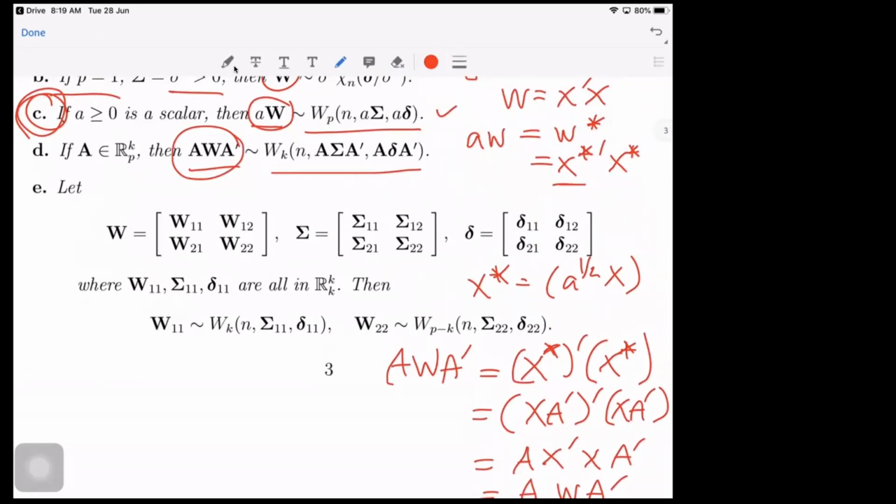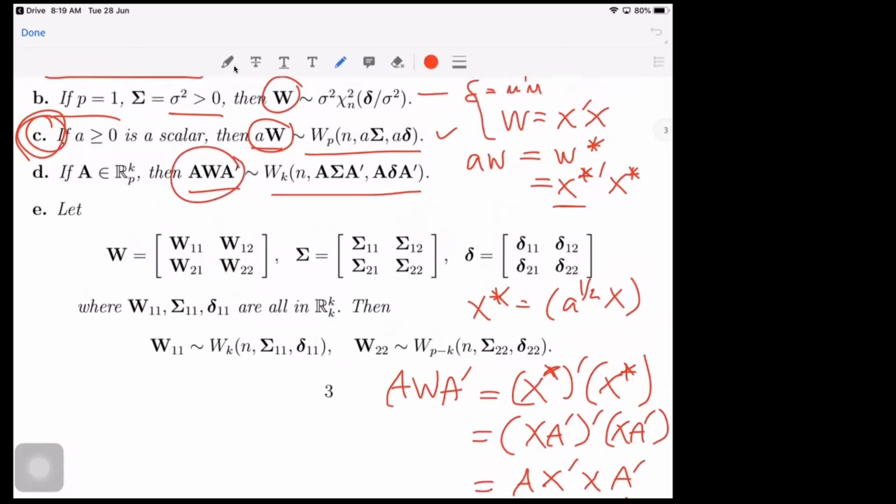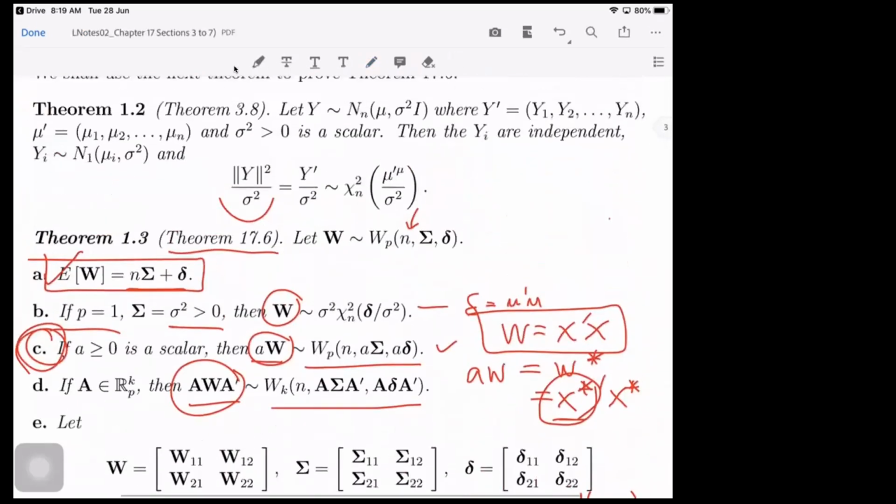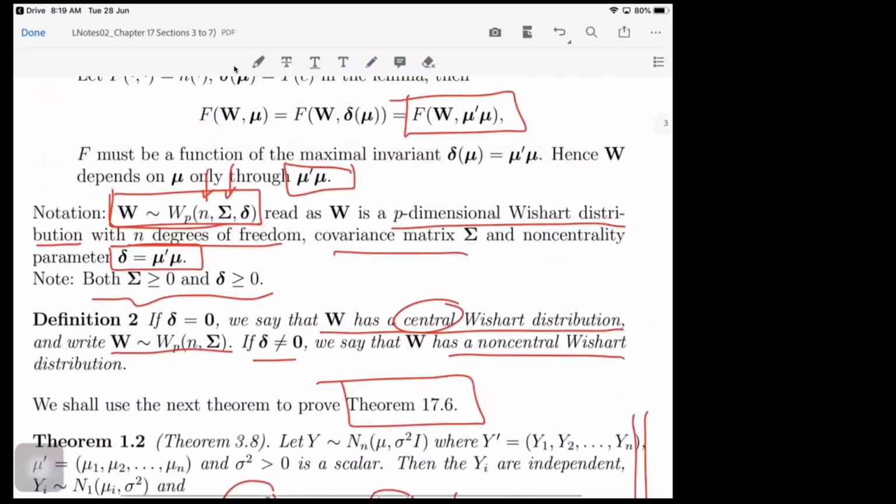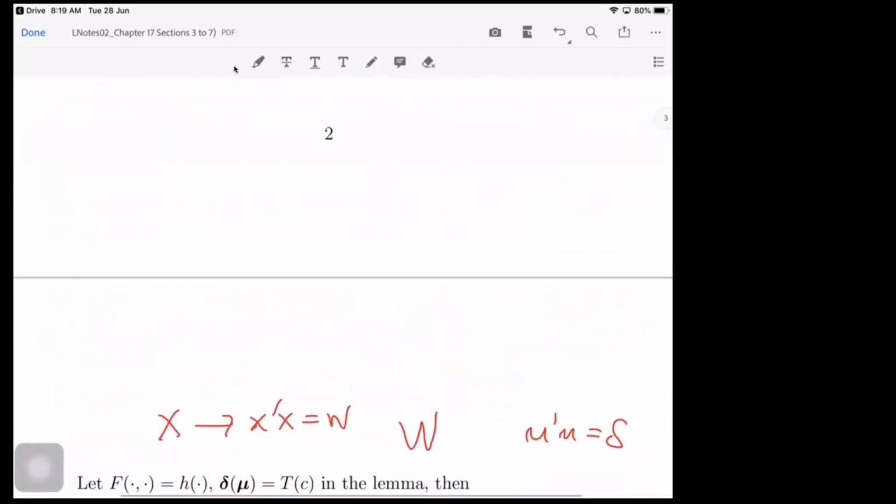So to note that that is how you generate your X star to make it X star prime X star. So in general, that is how it is. But you have to satisfy the assumptions of the X, or your new X star. Your new X star should satisfy the assumptions for it to be Wishart.